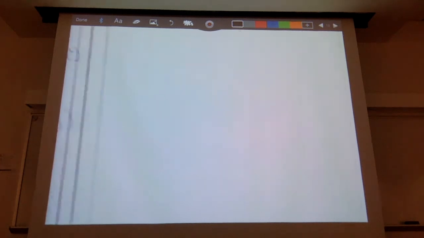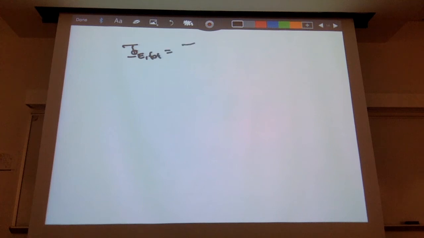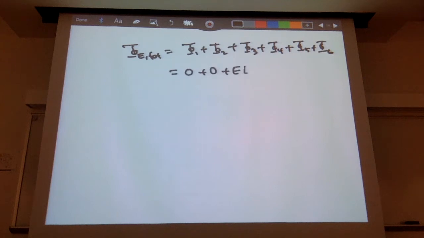So the total flux is equal to simply the sum of all the fluxes. So flux 1 plus flux 2 plus flux 3 plus flux 4 plus flux 5 plus flux 6. So this is equal to 0 plus EL squared minus EL squared plus 0, which is equal to 0.